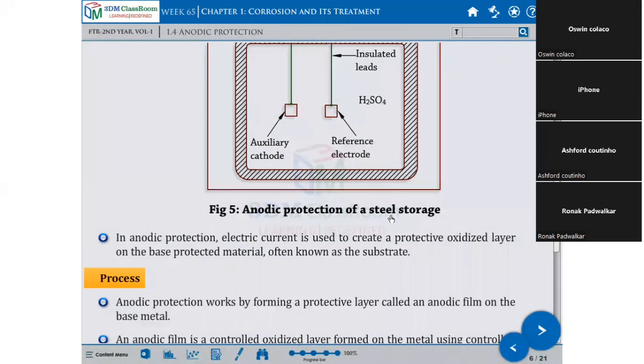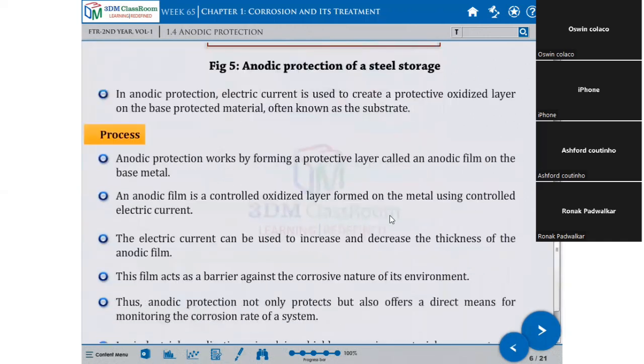In anodic protection, the electric current is used to create a protective oxide layer on the protected material, often known as the substrate. First, a protective layer called an anodic film is formed on the base metal, and second, the anodic film controls the oxidized layer on the metal using controlled electric current.